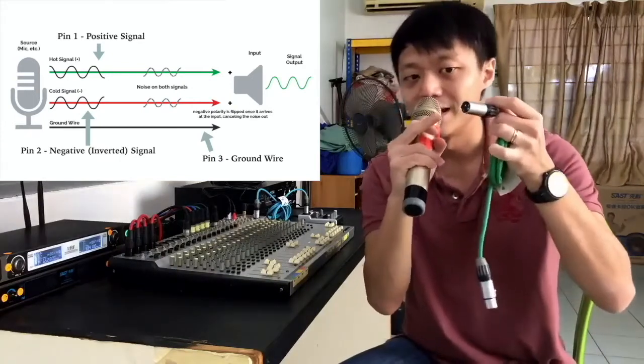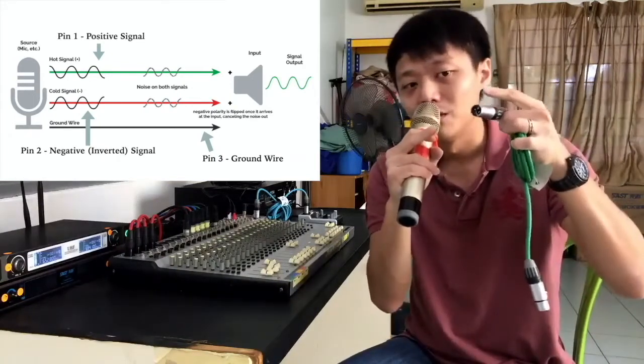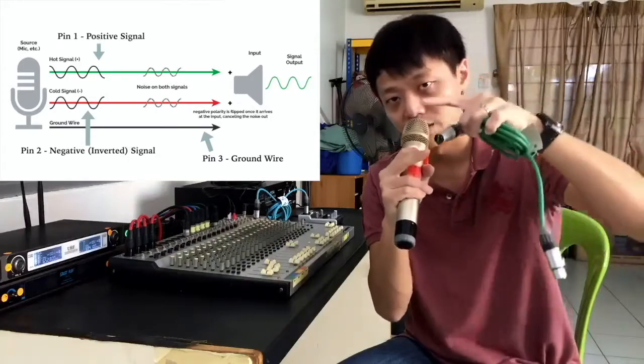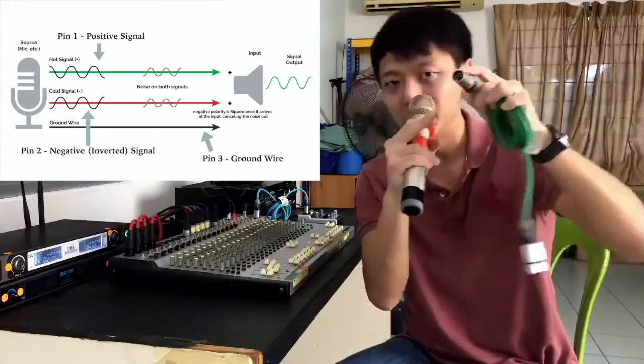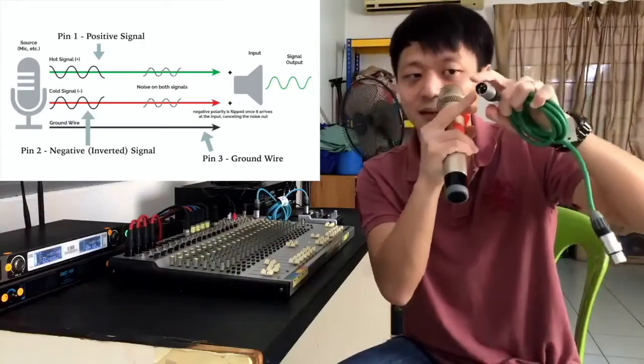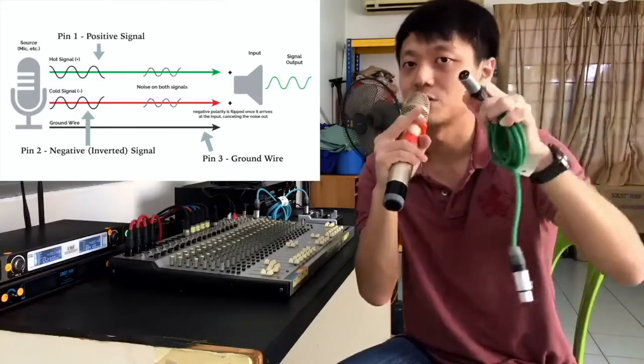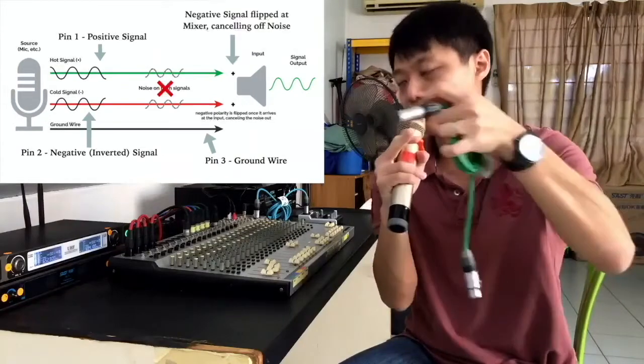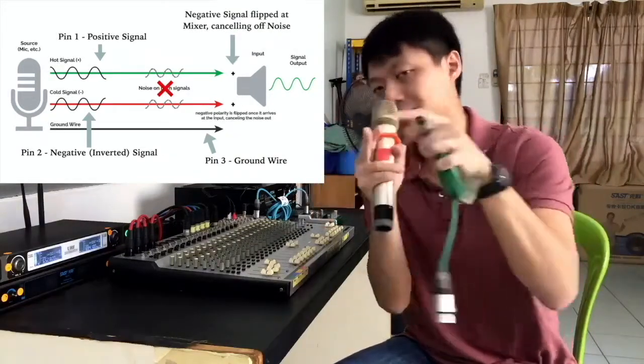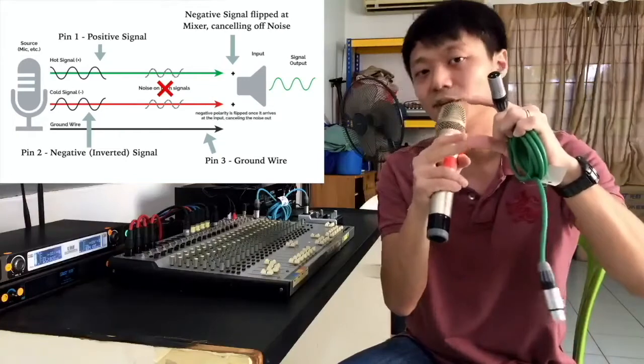When you have a positive charge signal going through the cable, and at the same time a negative charge signal going through the same cable, the noise cancels off each other, and when it comes into the mixer, the negative charge signal is flipped over.